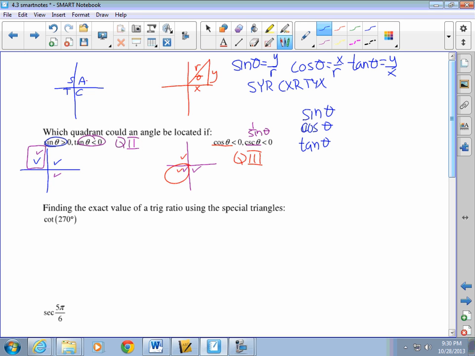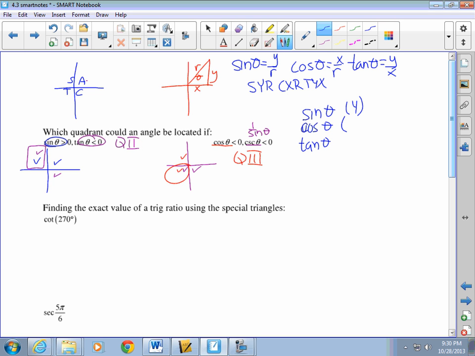So if you remember, back in, I think it was the first section, sine of theta we said is the exact same value as our y coordinate. When we're looking at the unit circle, sine is opposite, which is y, over hypotenuse on the unit circle, which was 1, so it was the exact same as the y value.